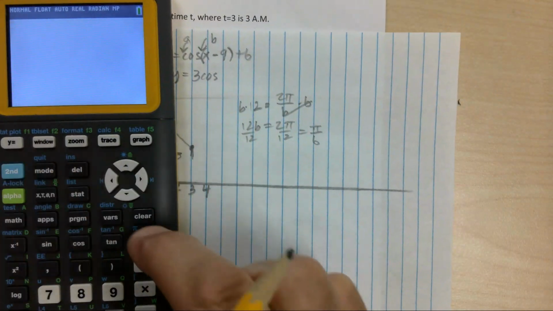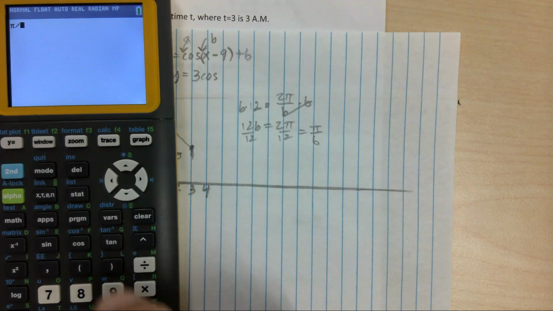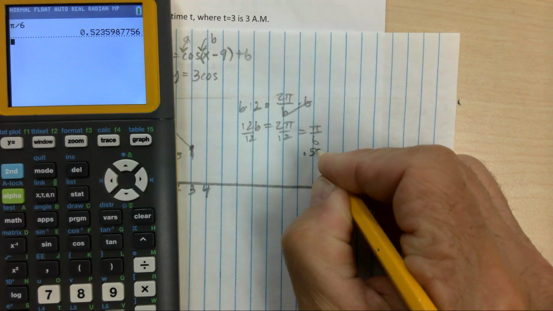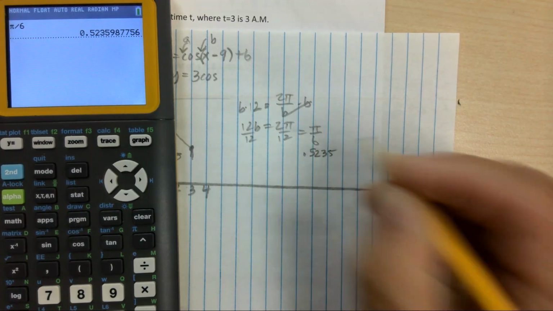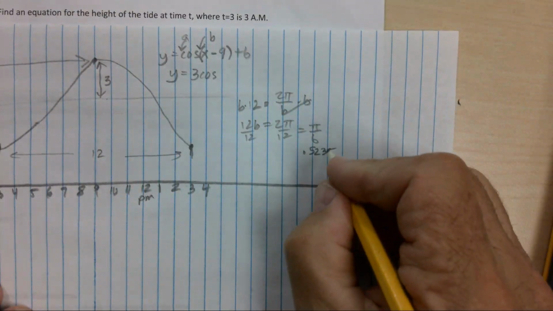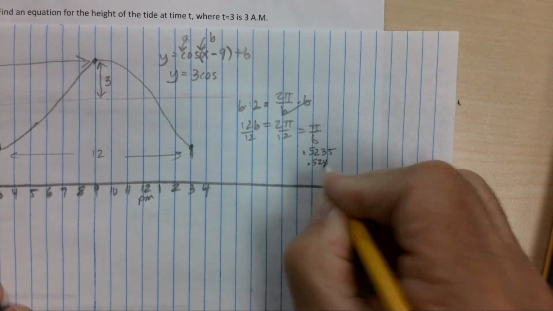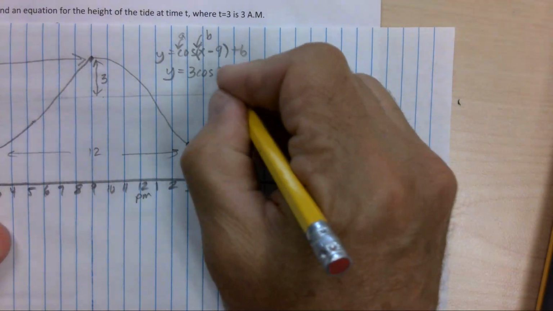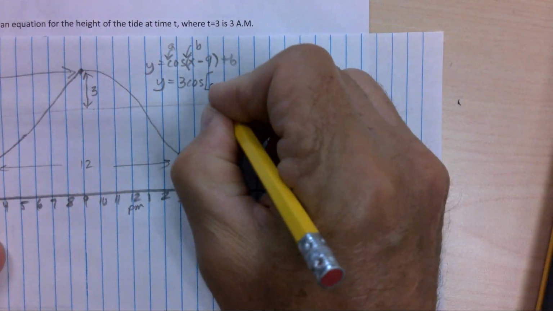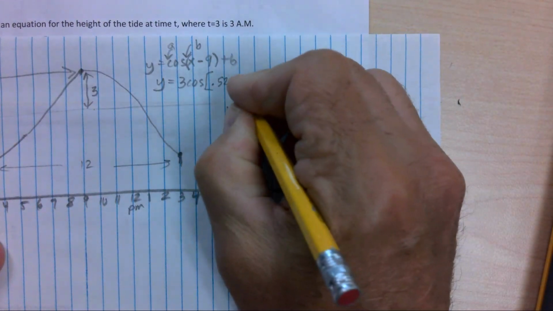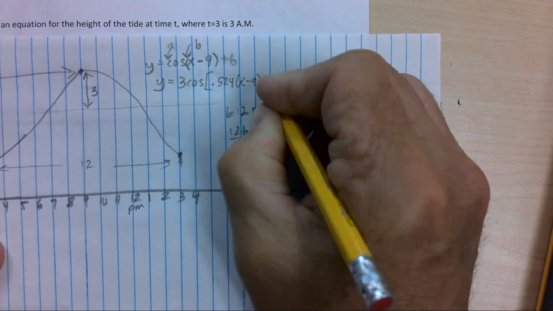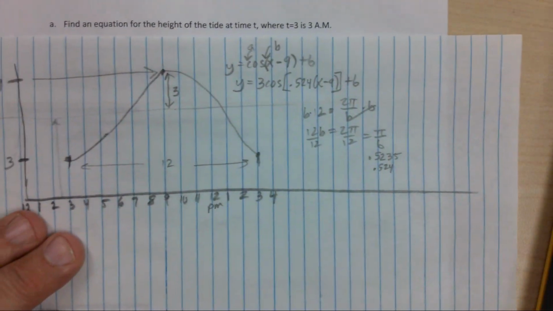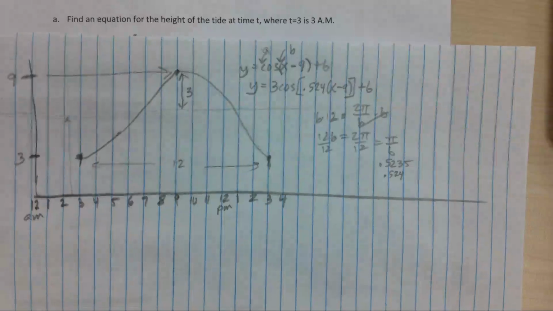So pi divided by 6 is 0.5235, and maybe we'll just round that to 0.524, just for simplicity. So I'm going to pull this all together and put my b right there: y equals 3 cosine of 0.524 times (x minus 9) plus 6. And that should be our go-to sinusoid to figure out any other questions.